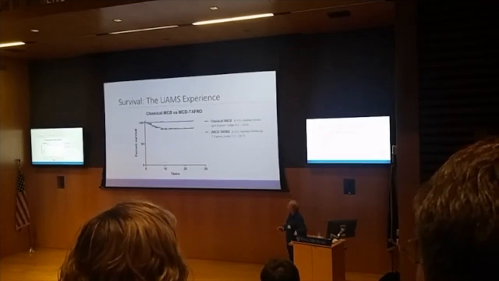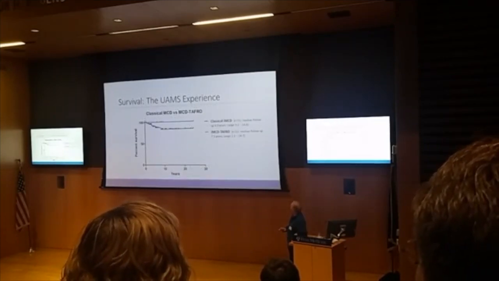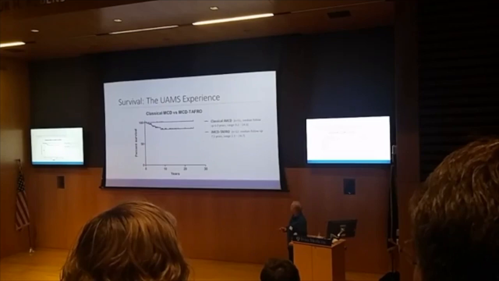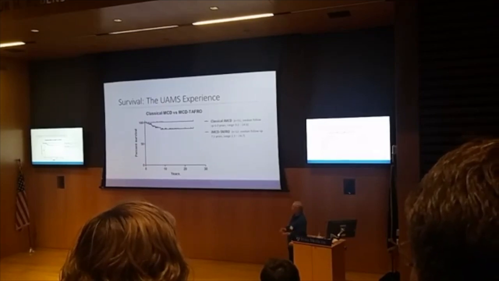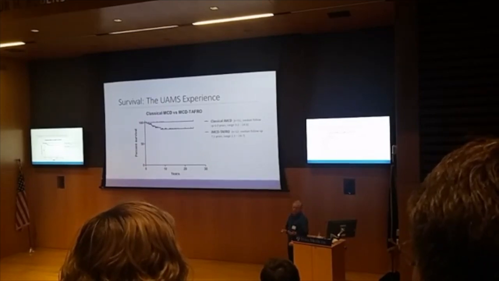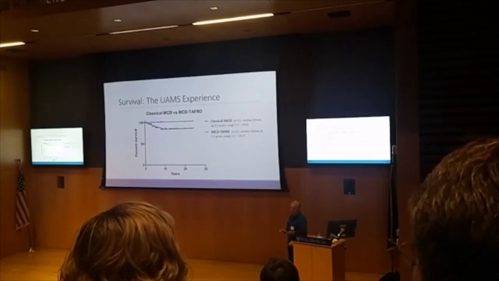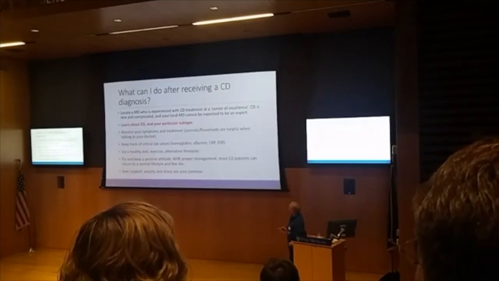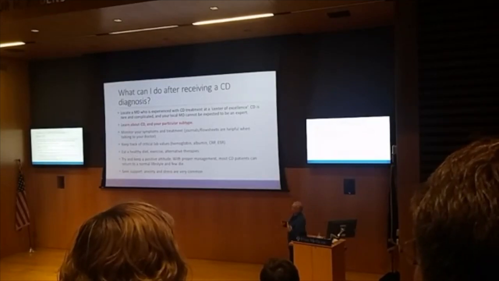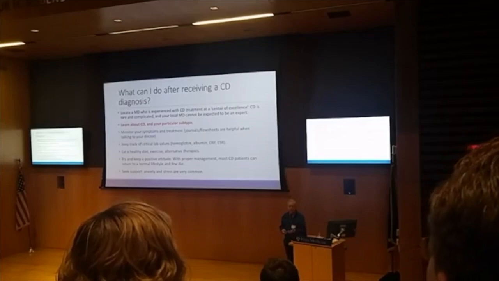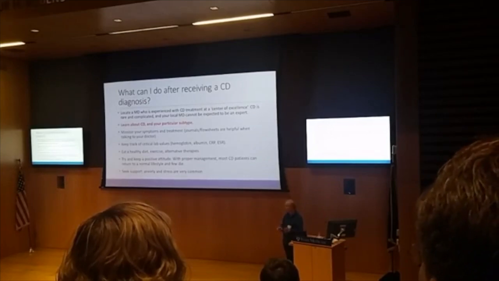These are data from about 63 patients treated at our center, and the overall outcome is better than if you're treated at random in the community. So get yourself in contact with the CDCN, as you've already done, and get seen by a doctor who's got experience with this disease.